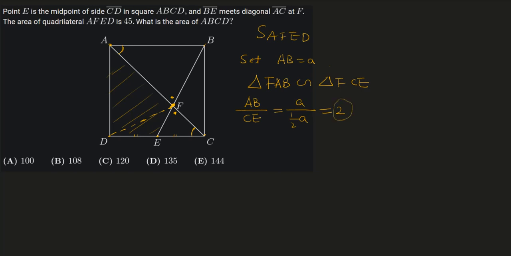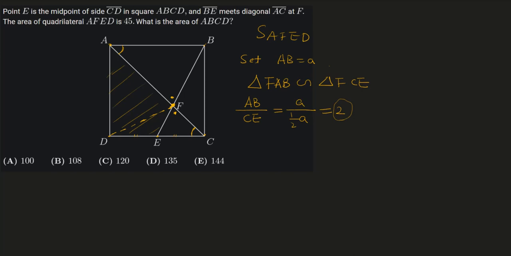It's not only the ratio of sides AB and CE, it's also the ratio of the two similar triangles FAB and FCE, which means that all corresponding line segments in these two triangles have the same ratio 2. This is very important, and we will use this property repeatedly in the following calculation.